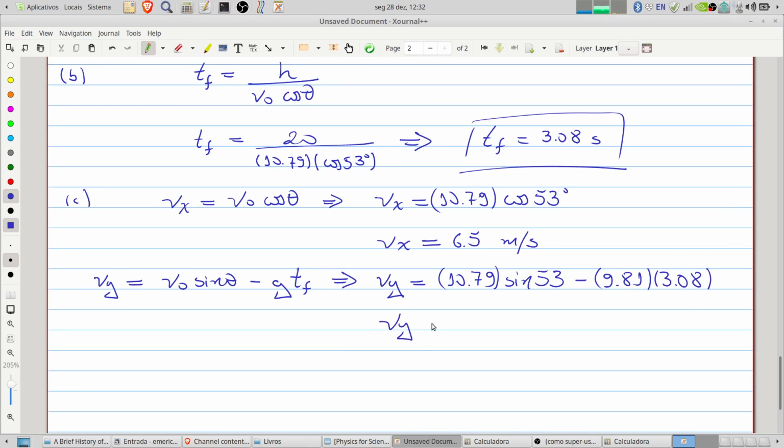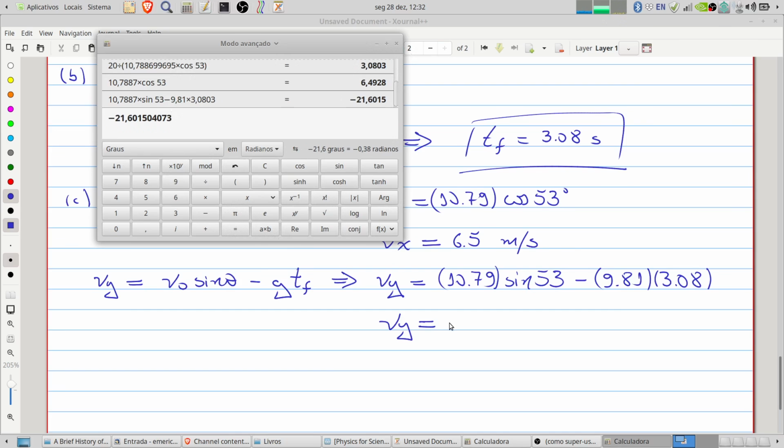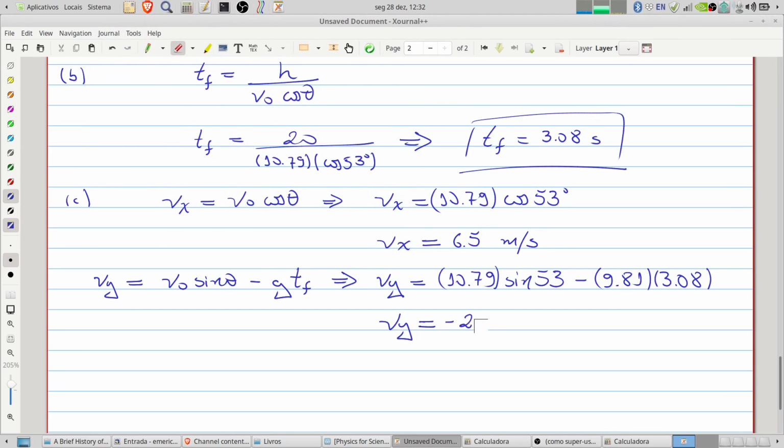Therefore, the velocity in the y direction will be minus 21.6 meters per second.